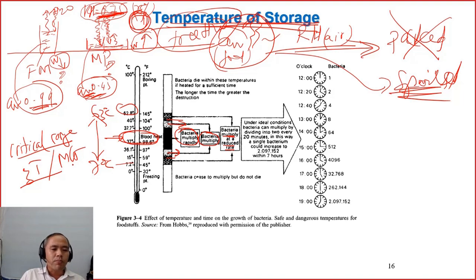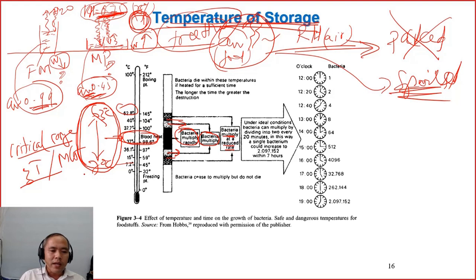In food processing and in food storage, we should avoid this range, because if we put our food material in this range for a long time, it's a good range for microorganisms to grow.